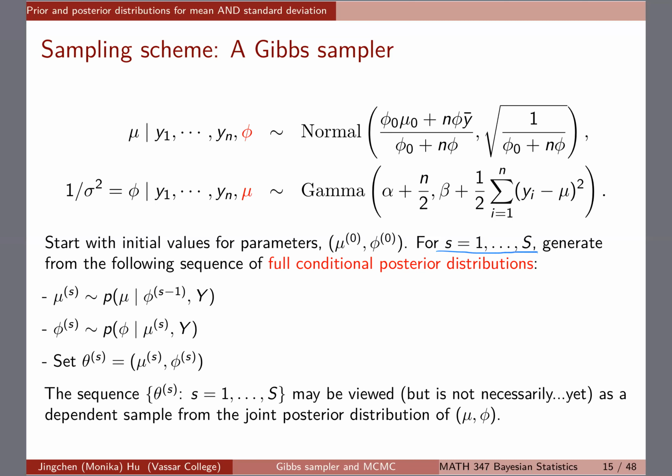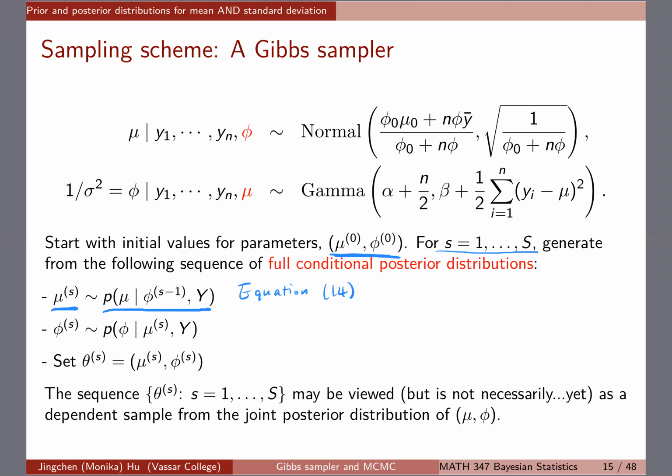You start with the initial value, but then at a particular iteration, for mu, you're going to generate it from, I think, equation 14 that we had before. I didn't write it out here, it's too long, but that is the normal full conditional posterior distribution.